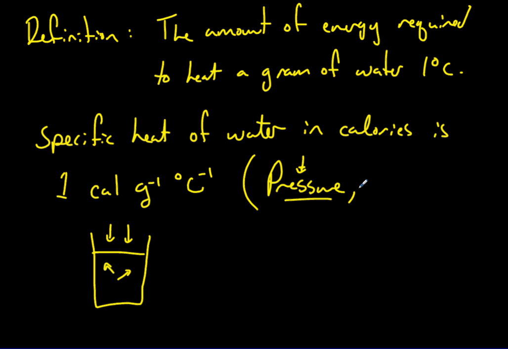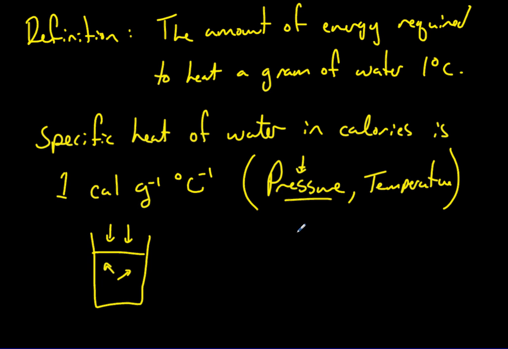And the other thing is this value changes depending on temperature, okay? So the amount of energy to go between, say, 0 and 1 degree is slightly different than to go from, say, 4 to 5 or from 98 to 99. That changes slightly, okay?